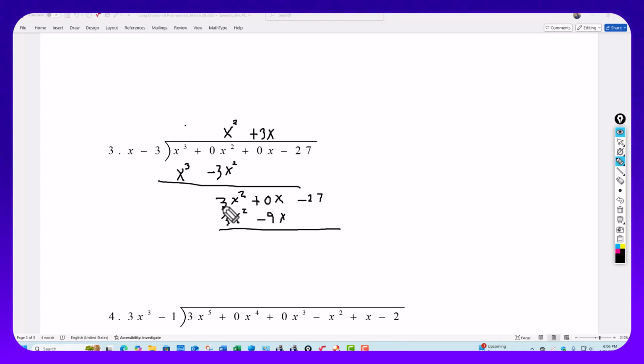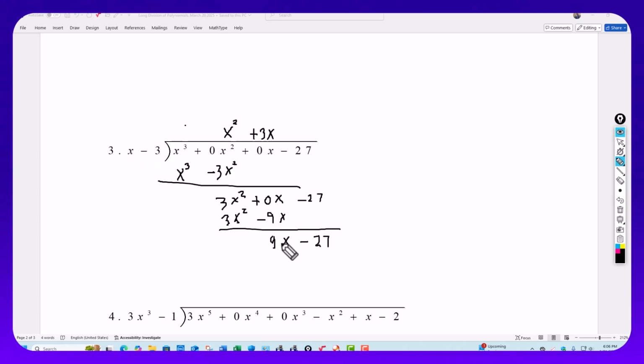And then we subtract. 3x squared subtract 3x squared, those first terms always cancel out. Then it's 0x subtract a minus 9x makes that minus 9 positive, so it's just a 9x here. And then 0 from minus 27 is minus 27. Again, degree 1 here for the remainder, degree 1, so we can go again.